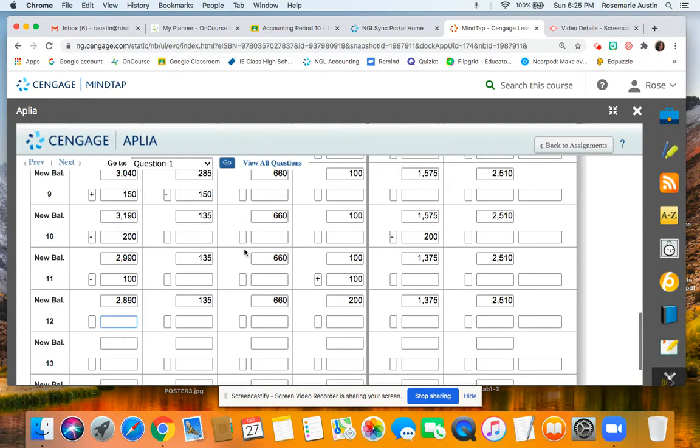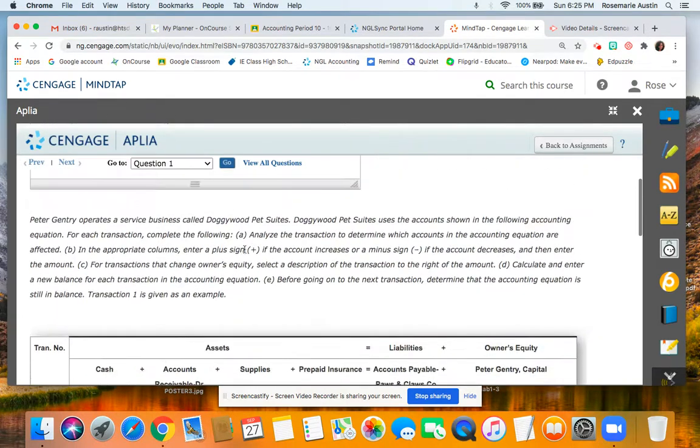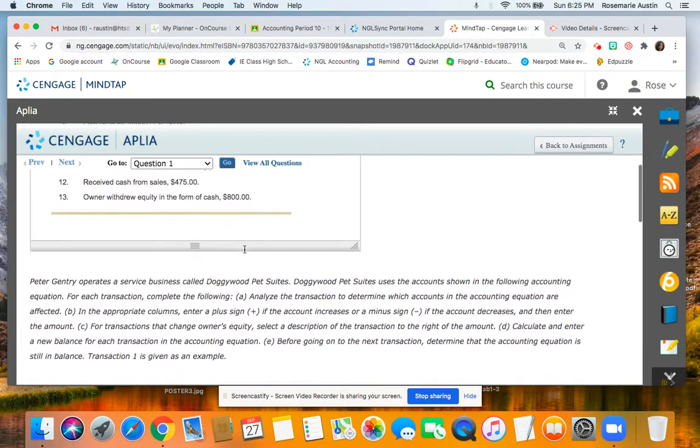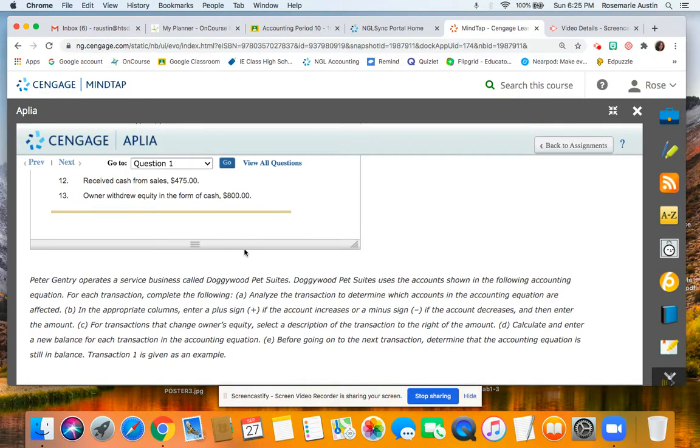Okay. Number 12. We're almost finished. Received cash from sales. This is a straight up cash sale. You didn't do services for anybody on account so that they're going to have to owe you money later. You got paid in cash at the time of the sale. So $475. Sales is revenue. So revenue is going to increase owner's equity.